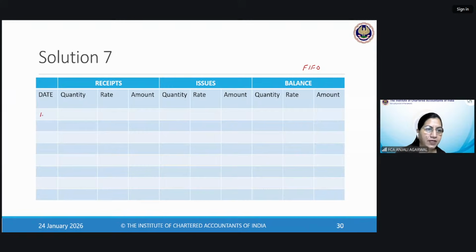So 1st January, then 2nd January was an issue. 10th January, again, there are receipts. 11th January, again, we have issued. 15th January, again, there are receipts. 18th January, issues. 28th January, receipts first, let's say, and then issues.